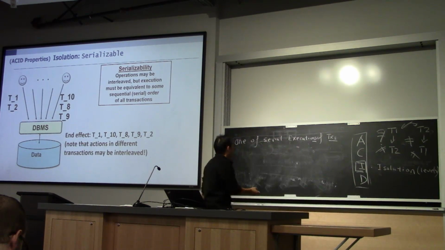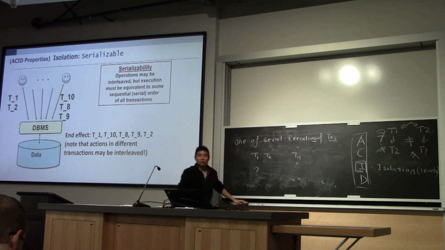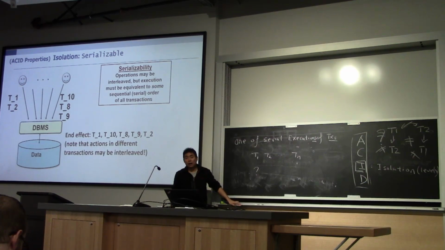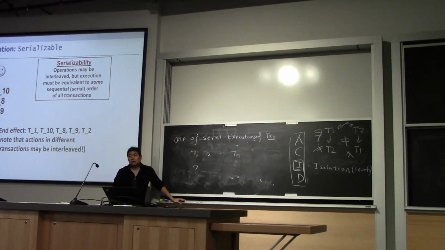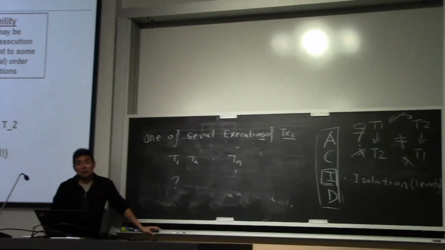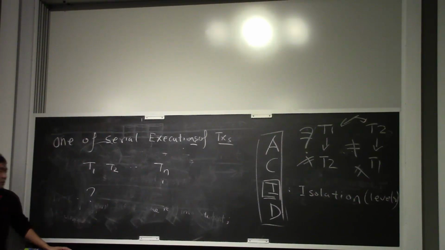What about n transactions? If I have n transactions, how many serial orders do I have? Can someone tell me? Go ahead. N factorial. Excellent.